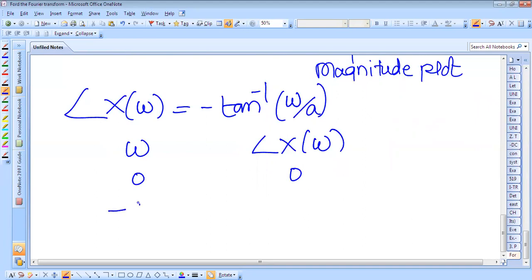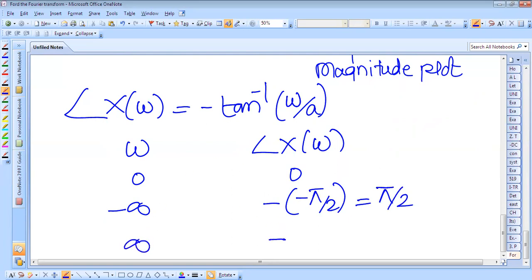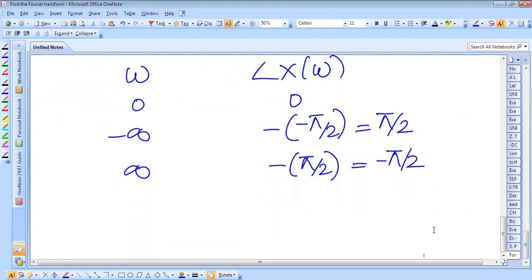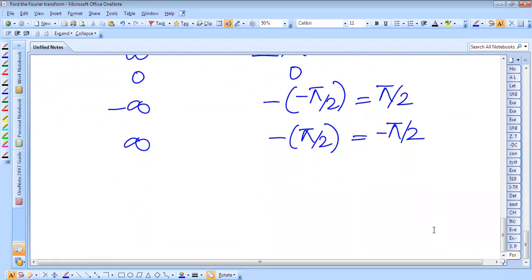When omega is equal to minus infinity, in this case we'll get pi by 2. And when you put omega is equal to infinity in this equation, we'll get this value minus pi by 2. So from this we can draw the phase plot.